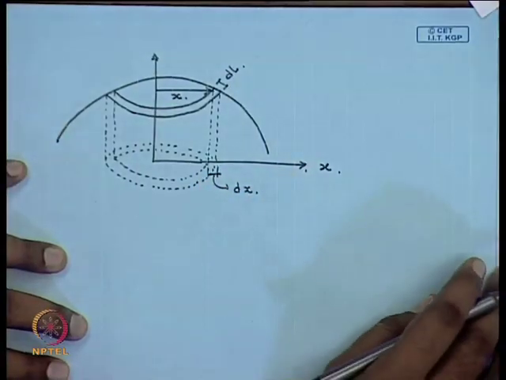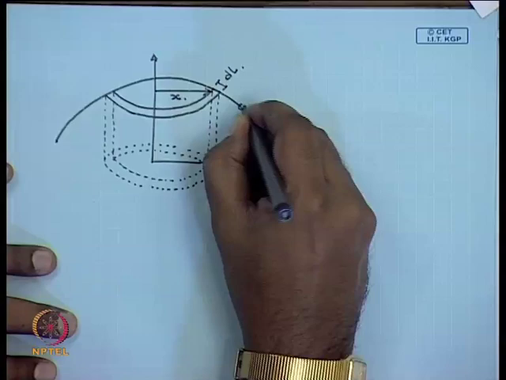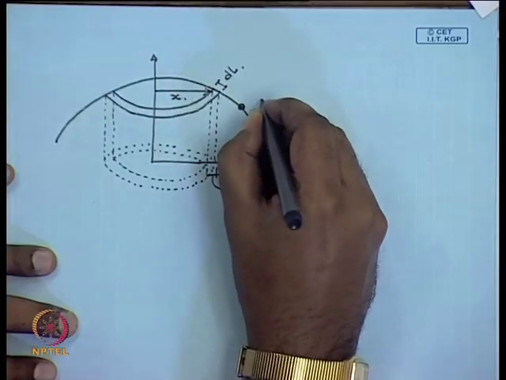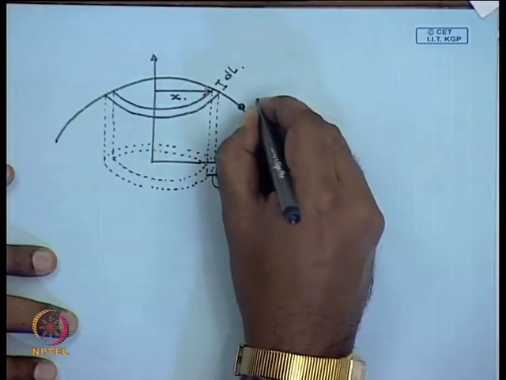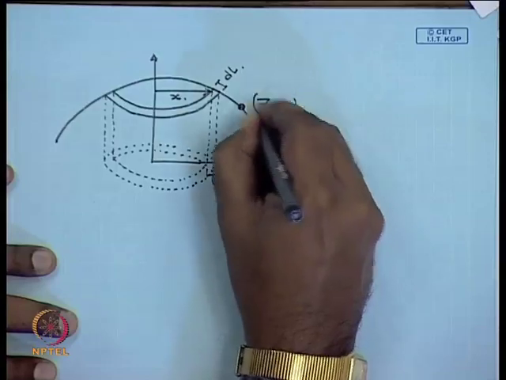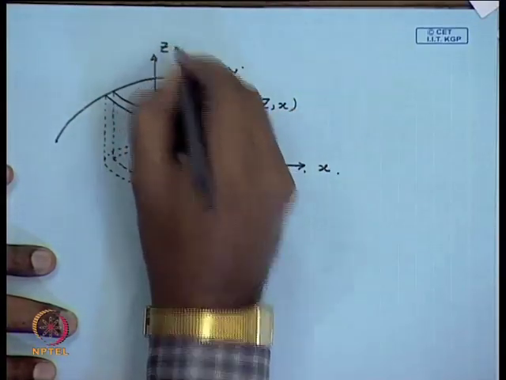Okay. Now, any point on the surface will be represented as a function of, let us say, z and x. So, we are considering two coordinate axes, z and x.